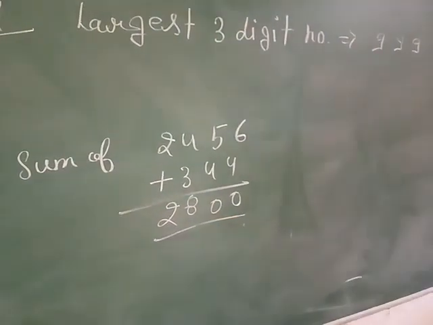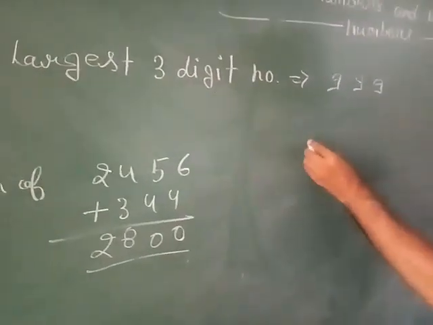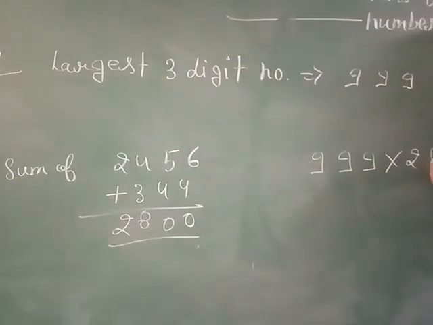We have to multiply this by the largest 3-digit number. So 999 will be multiplied by 2810.